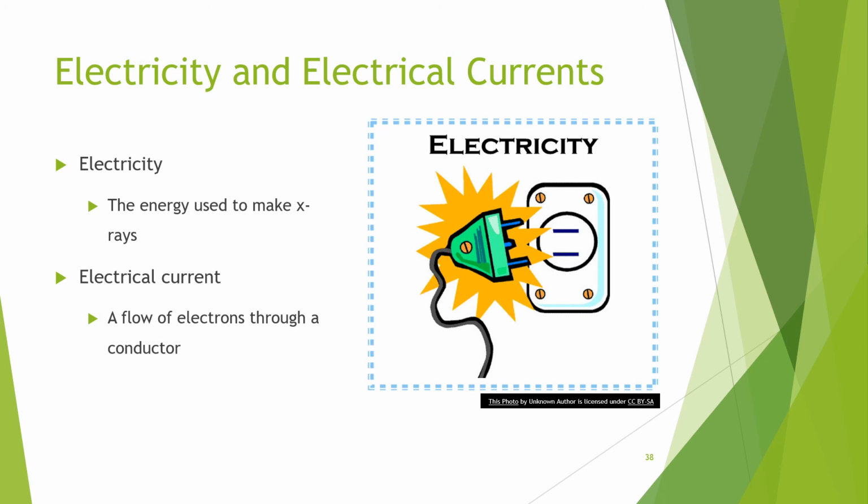Humans are able to create this particulate radiation because of electricity, and electricity is where we get the energy that we need in order to make X-rays. That energy is what breaks those electrons off and sends them toward that tungsten target. So the electrical current, which is a flow of electrons through a conductor, is where we get our energy and where we break those electrons off, and where everything sort of starts.